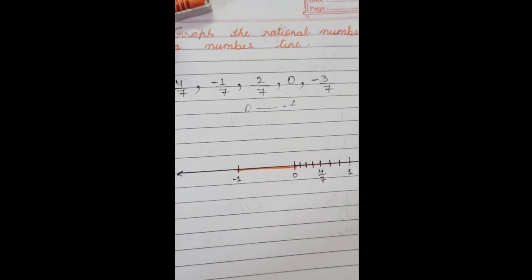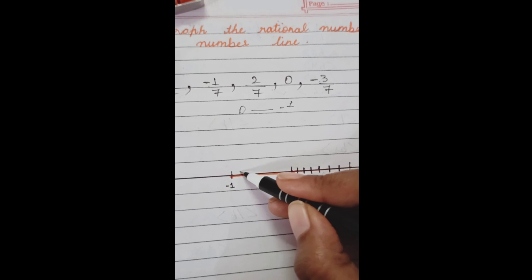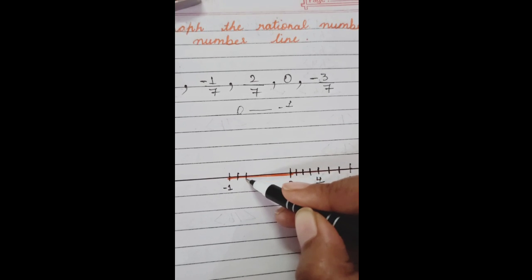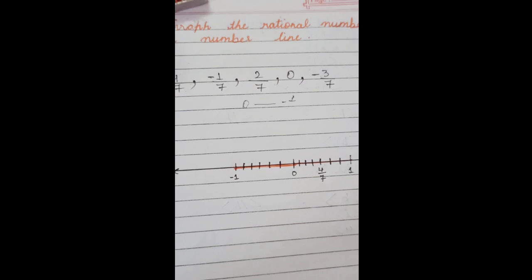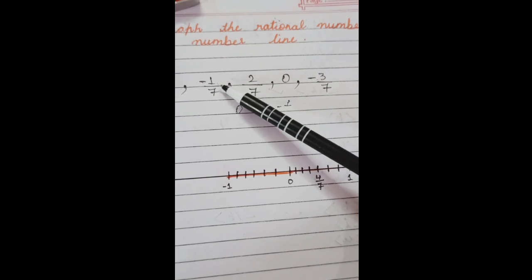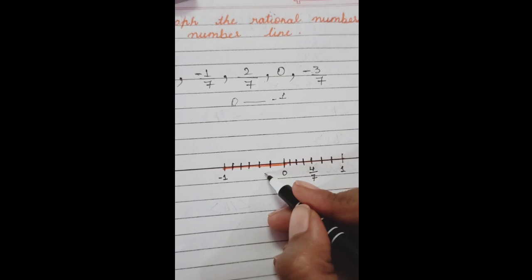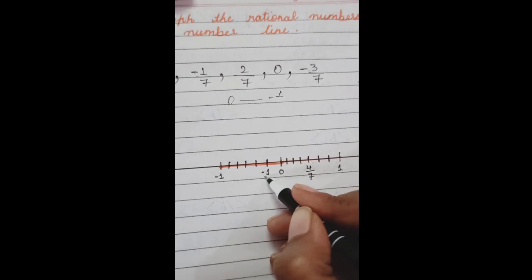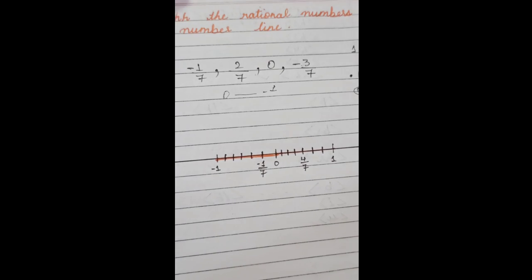Now again the denominator is 7, so we divide this portion into 7 equal parts by making 6 lines. Now the numerator is 1, so count 1 here. This is the position of minus 1 by 7.